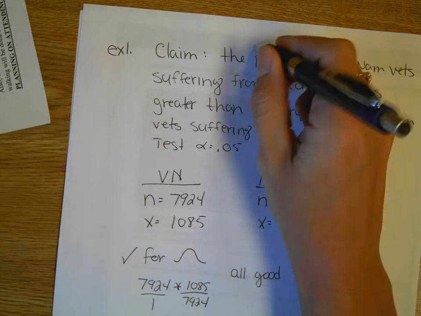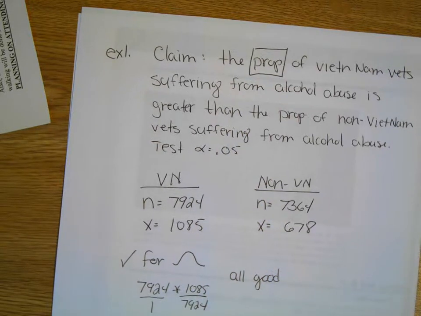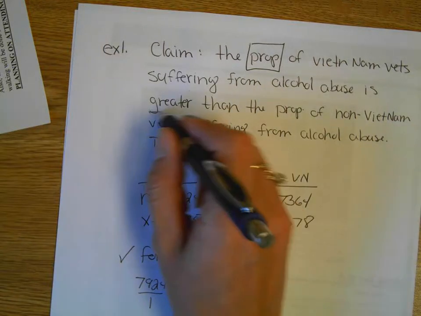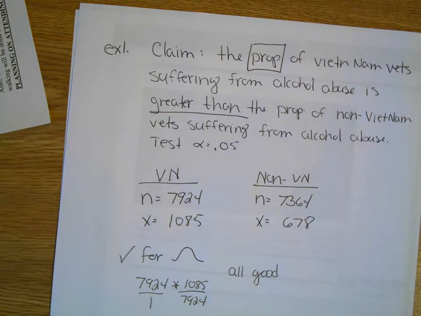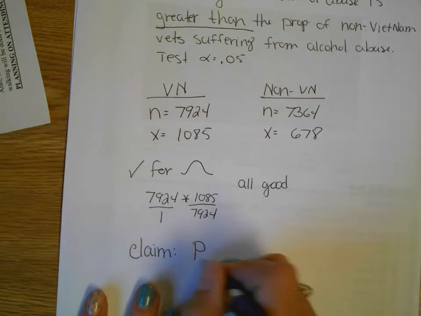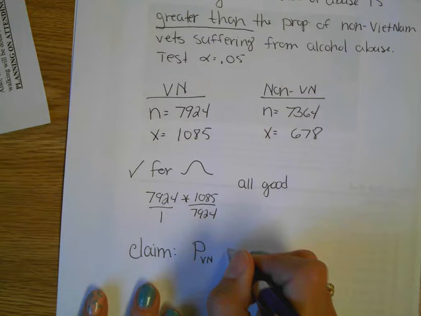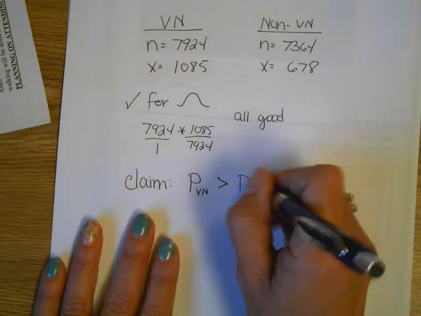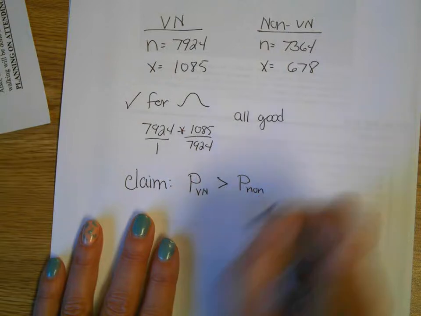So what it's saying is the proportion, so we're not using means, we're using P, of Vietnam vets suffering from alcohol abuse is greater than the proportion of non-Vietnam. So P for Vietnam is greater than the P for the non-Vietnam.